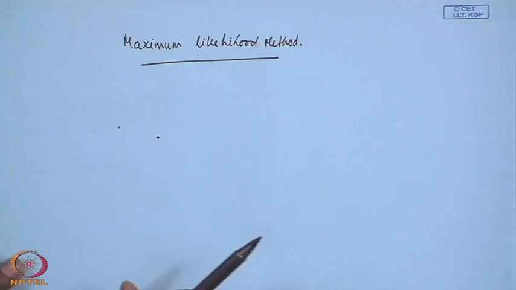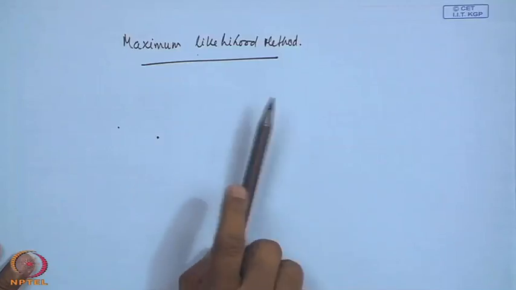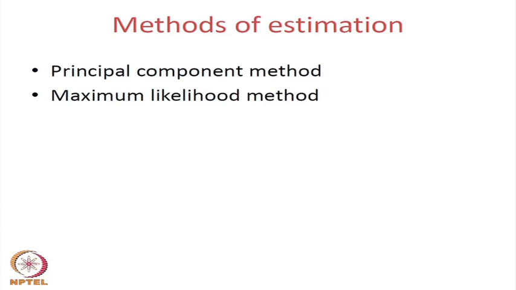What is required is that you have to find the likelihood function, and getting the likelihood function is not an easy thing, but you have to find it. So see what we have discussed here. We discussed the maximum likelihood principal component method, which is related to principal component analysis and principal factor analysis. Then there is maximum likelihood estimation.